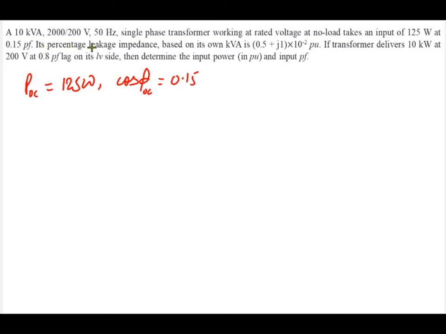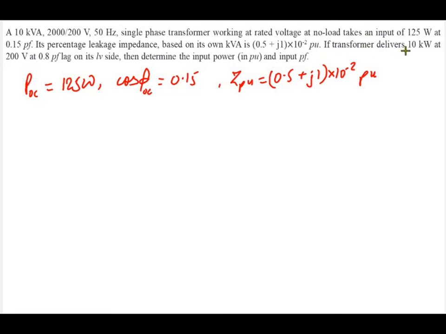Okay. Its percentage leakage impedance based on its own kVA is 0.5 plus J1 into 10 to the power minus 2. It is given in per unit. So Z per unit is 0.5 plus J1 into 10 to the power minus 2 per unit.